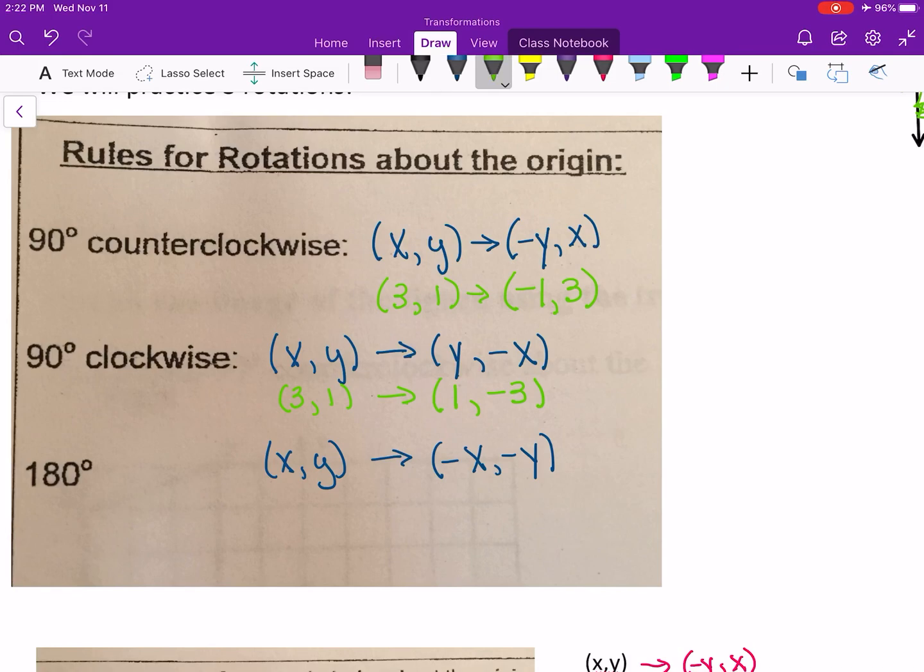So if we go back to our original point of 3, 1, our first example, when we transform it, it becomes negative 3, negative 1. One last time, make sure you write down those 3 rules, because that's what you will be following on every one of your problems.